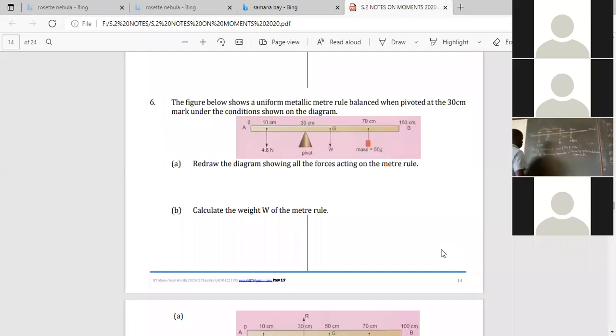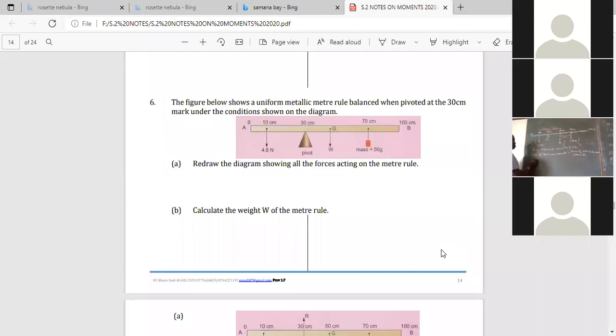So we identify our moments. This one will be that way, this one will be that way, this one is that way. So this is the ACM, this is CM, this is CM. Okay. So the clockwise moment.